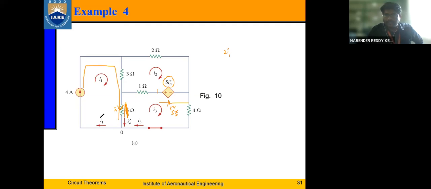I naught can be written as either I1 minus I3 or I3 minus I1. Both suit, anything is okay. However, the value of I1 is known to be 4 amps. Since it's a loop current, whatever current I get here is the same as here, right? So I can write it directly as I1 is equal to 4 amperes. Am I clear? Yes, sir.